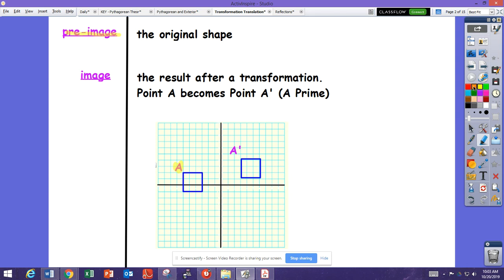And then the image is something that happens after the transformation. After the shape has been moved, that's called the image. You will notice the image because of this little mark right here. It's called a prime mark. This indicates that this is the second of the two shapes, and that will be a key way that you can identify them.